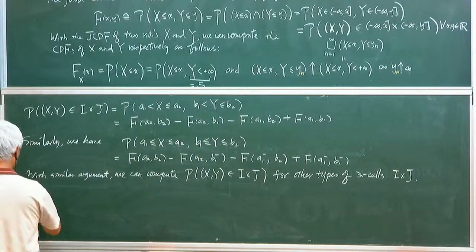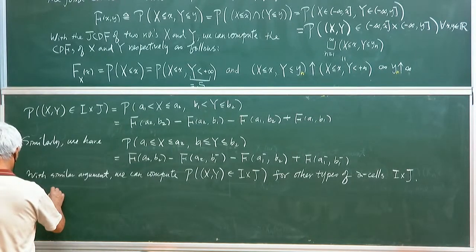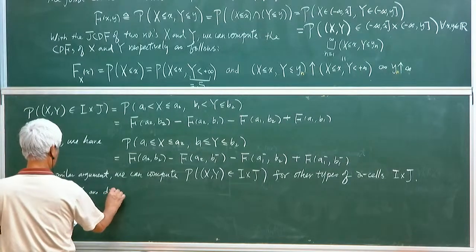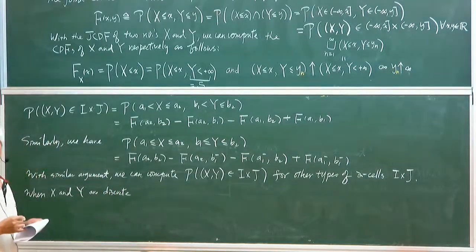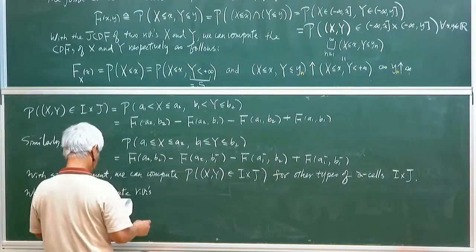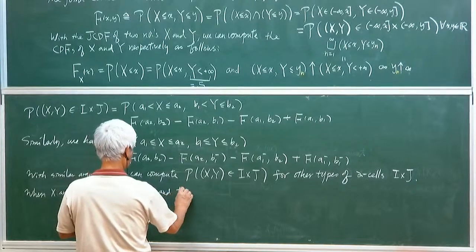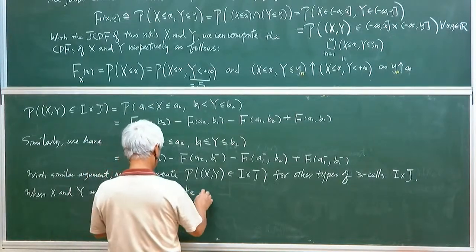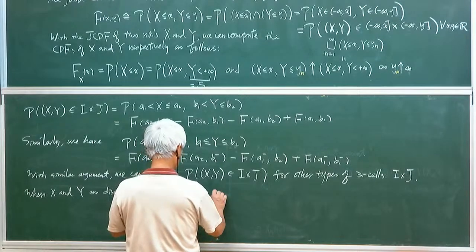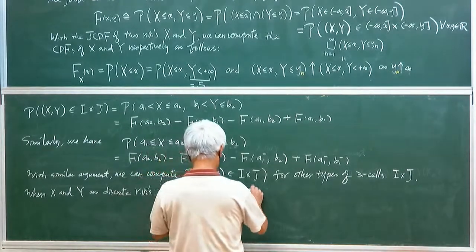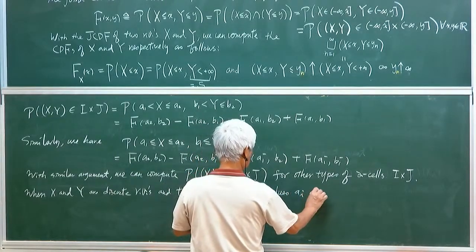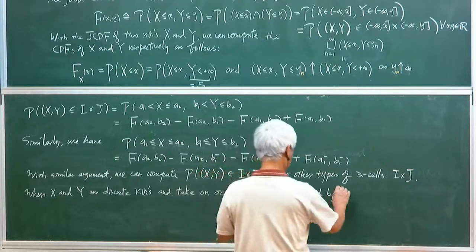The first special case is when x and y are discrete random variables, and take on one of the values a sub i and b sub j, respectively.